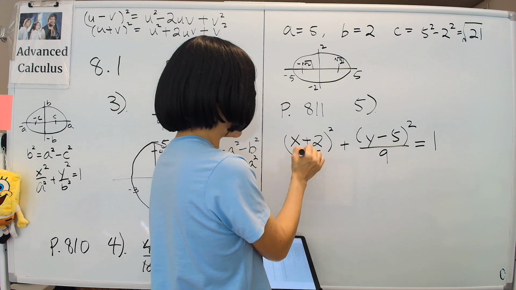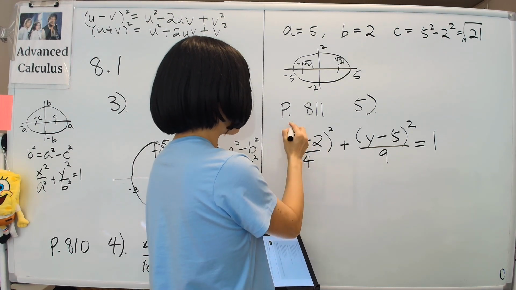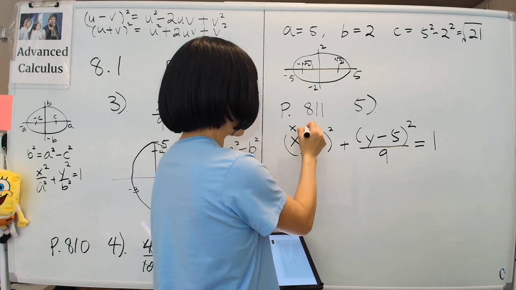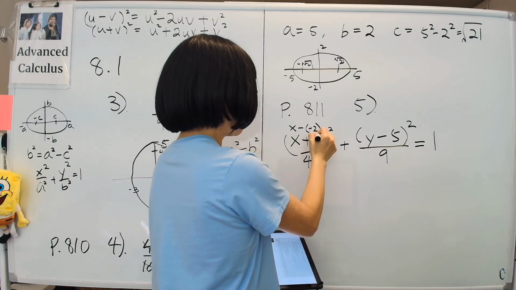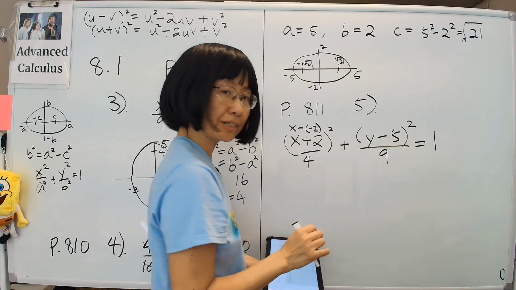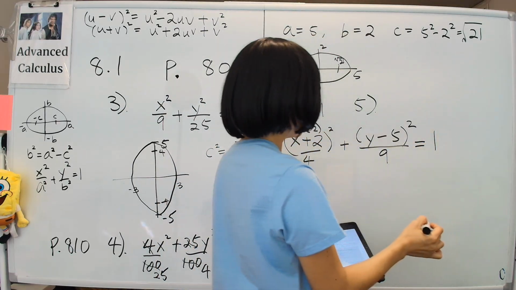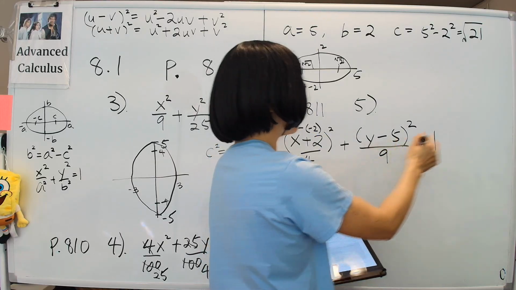That means that our new point is at a new location. x plus 2 is the same as x minus -2, and what that means is that what is being subtracted is exactly the location we're looking for. That is, we're going to locate the point which is -2 and +5.